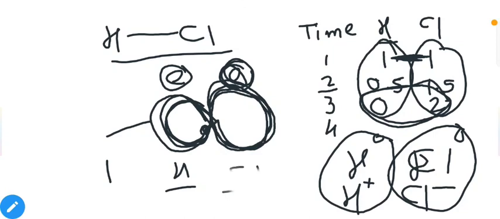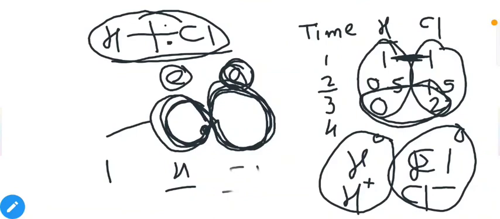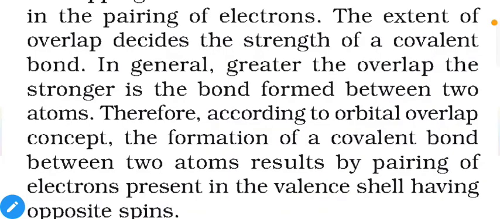But for simplicity, we represent them like this, and we say that if a bond is polar, then electron pairs are closer to the negative element. Actually, they are not closer to it, but they spend more time in it. Now, the extent of overlapping of this type of orbital decides the strength of the covalent bond. In general, the greater the overlapping, the stronger the bond formed between two atoms.